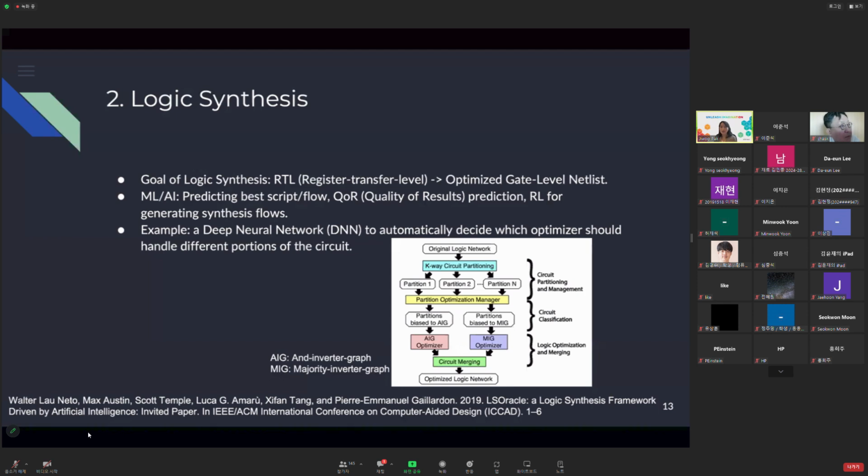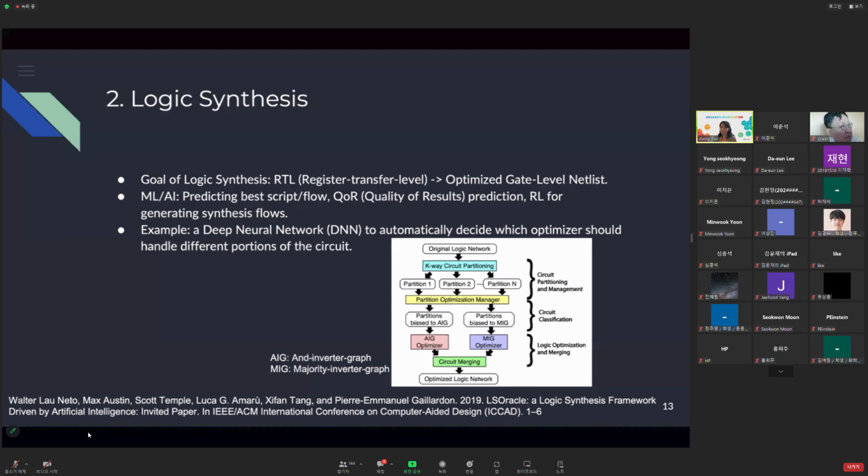And depending on how we partition the circuits, you can think about we have a graph, billions of nodes in there, and probably we can cluster certain graphs together, so that we can have certain partitioning for a more manageable size. And depending on how we cluster them or partition them, the performance can vary a lot.